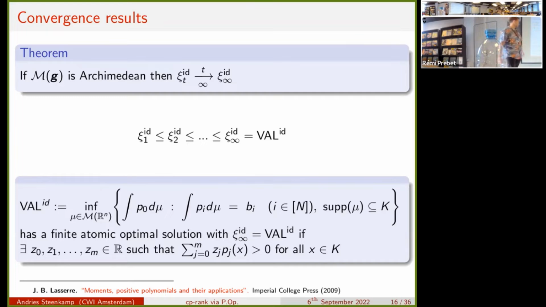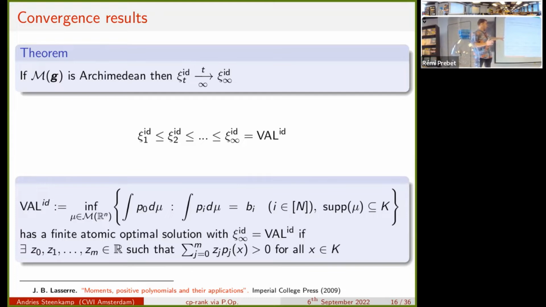Moreover, if you can find scalars z0 to zn, such that this polynomial expression is positive on your semi-algebraic set K, then you also know that the GMP has a finite atomic optimal solution, and that the last step of the infinite step of your hierarchy is equal to the full GMP, the non-trivial one.